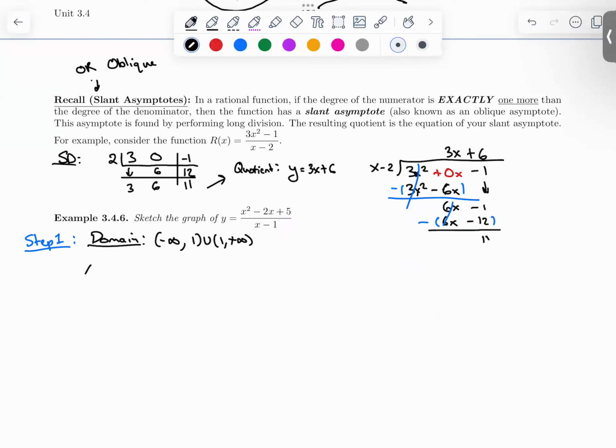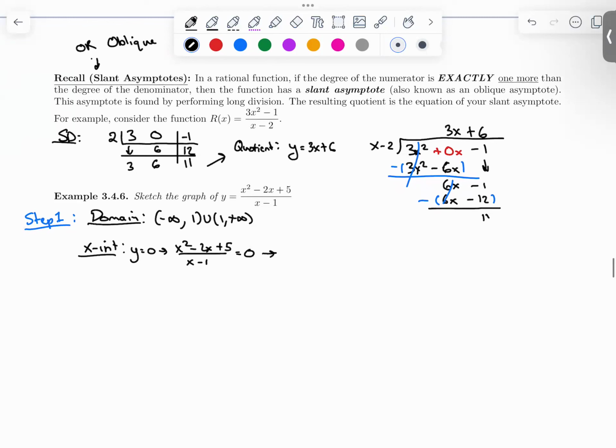Then we'll move on to intercepts. So x-intercepts, we try and set y equal to 0. That means saying x squared minus 2x plus 5 over x minus 1 equal to 0. And that will only equal 0 if x squared minus 2x plus 5 equals 0, but you'll find out you can't factor it. So you can try and use the quadratic formula, but you'll find out there are no real zeros from the quadratic formula.